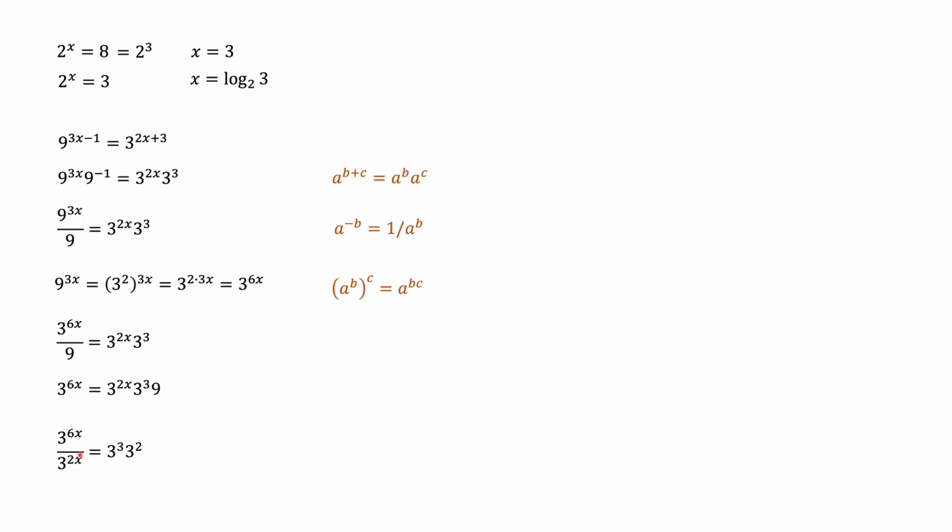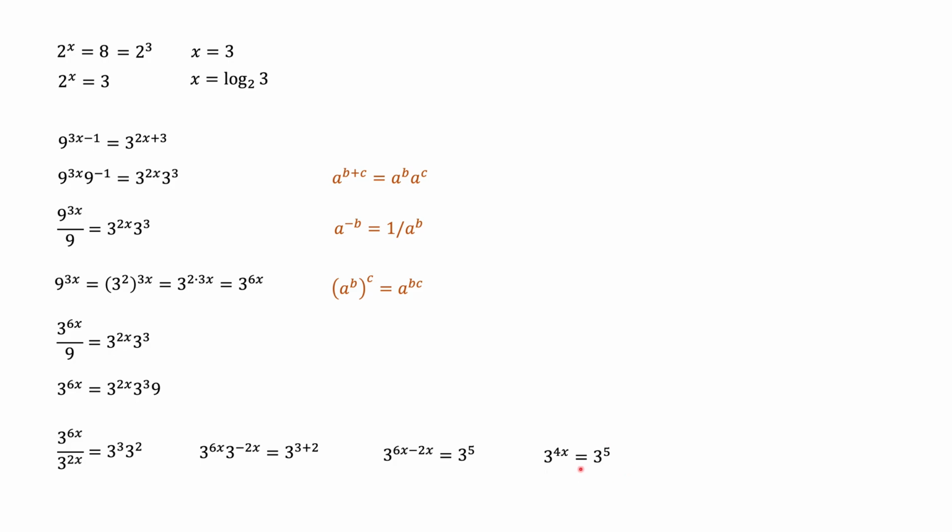So to notice that 1 over 3 to the power of 2x is 3 to the power of minus 2x. And also notice here we have 3 to the power of 3 times 3 to the power of 2. According to the formula right here, it's 3 to the power of 3 plus 2. In a similar way, we can combine the left-hand side, and we get 3 to the power of 6x minus 2x. And that gives us an equation like this.